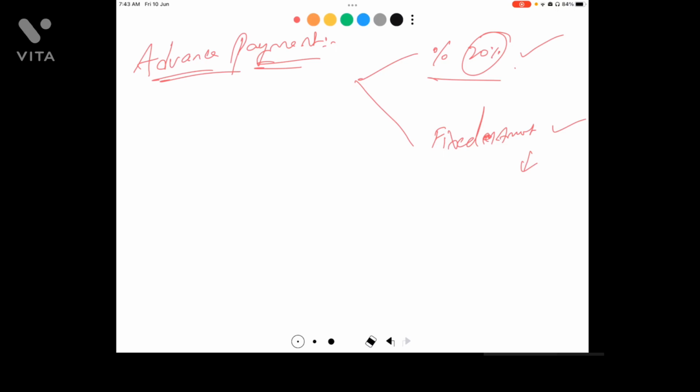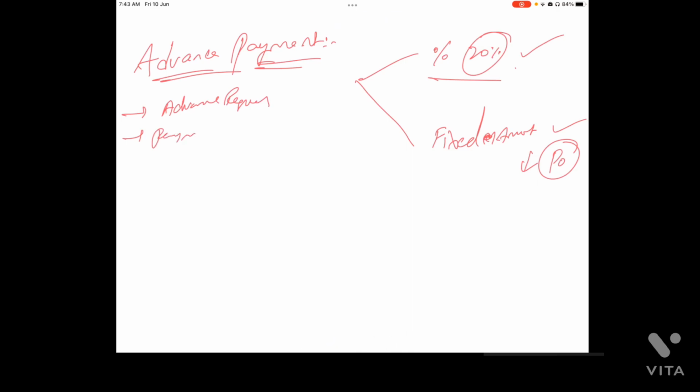Once you mention the advance payment option in the PO, when there is an advance payment, we can create the advance request, then payment to the vendor.